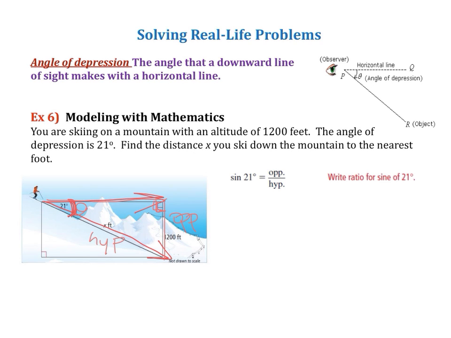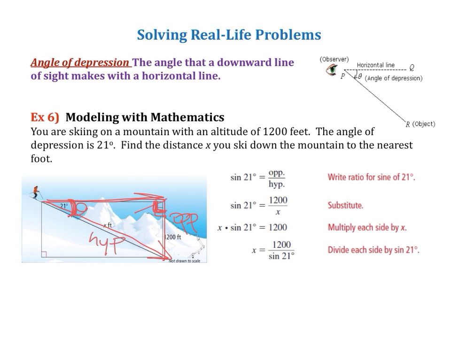So that means your right angle is here. Then substitute what you know, which is altitude 1,200, that's your opposite leg, and then x is unknown, that's the hypotenuse.